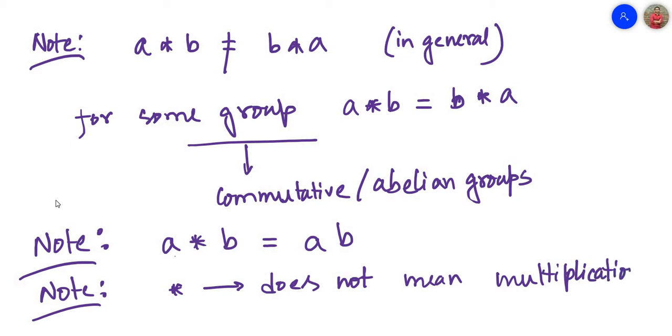In some cases it might be, in some other cases it might be addition, it might be some sort of modular multiplication, and it can be anything. Any binary operation that is suitable with a set and satisfies the 4 axioms or 4 criteria will then qualify as a group.